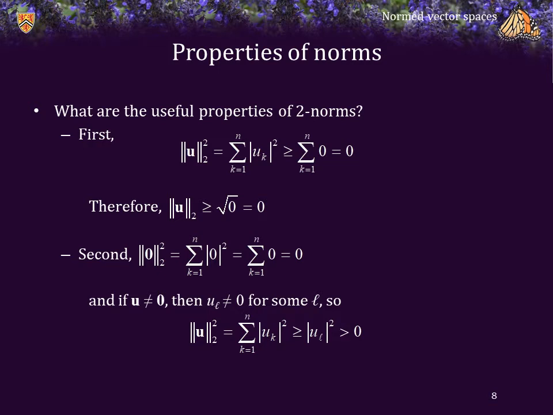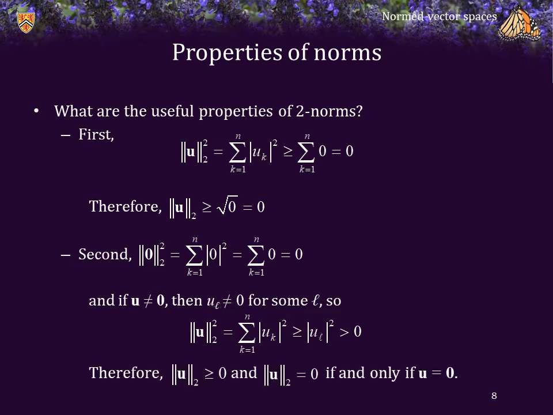Therefore, since we have a sum of positive values, then that sum will be greater than any one entry in that sum. So specifically, we know that the 2 norm squared is greater than or equal to the square of the absolute value of the entry u sub l, which is assumed to be non-zero.